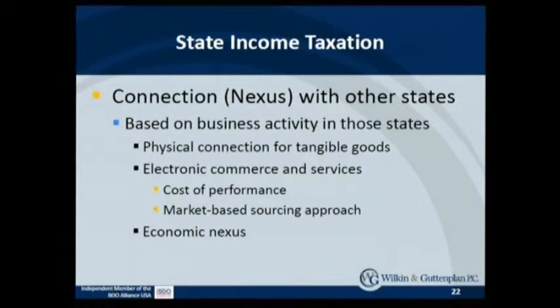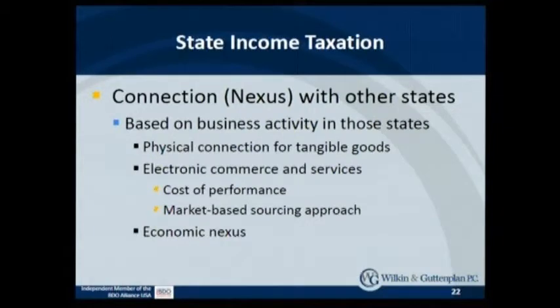The treatment of electronic commerce and services is actually a very hot issue in the US right now, because states have adopted one of two different methods as to how to allocate that income. Some states will base it on where the service is being performed, and some states will base it on where the customer is based. So I'll give you an example that we're facing in our firm right now. New Jersey is a state that looks to allocate services based on where the services are performed.